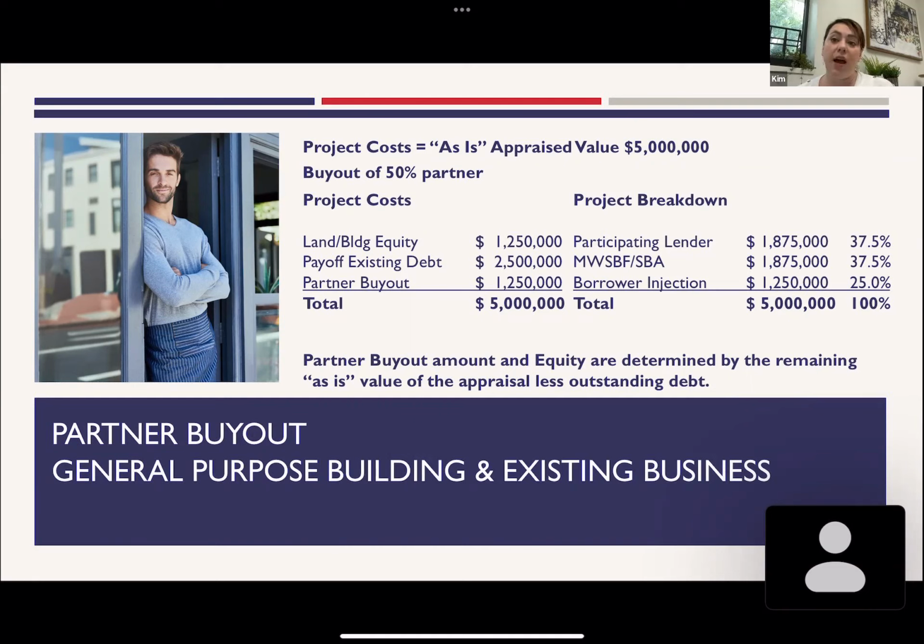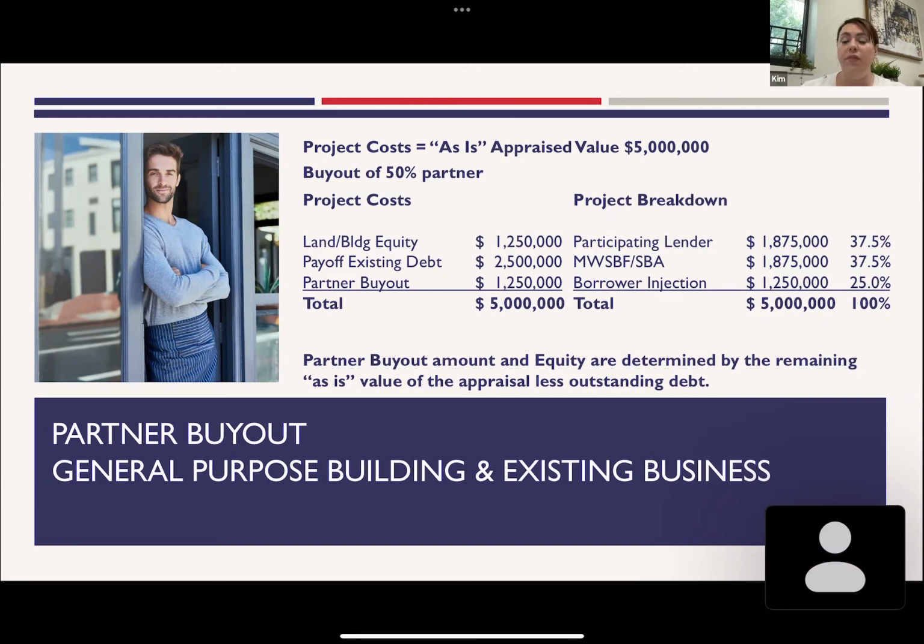So we take the appraised value, take off the existing debt that will be taken care of with the project, and then you take that remaining amount and split it between the partners based on their ownership percentage. So in this case, 50-50, there's 50% of the remaining equity left for injection or remaining equity. And then the other 50% is for the partner buyout.